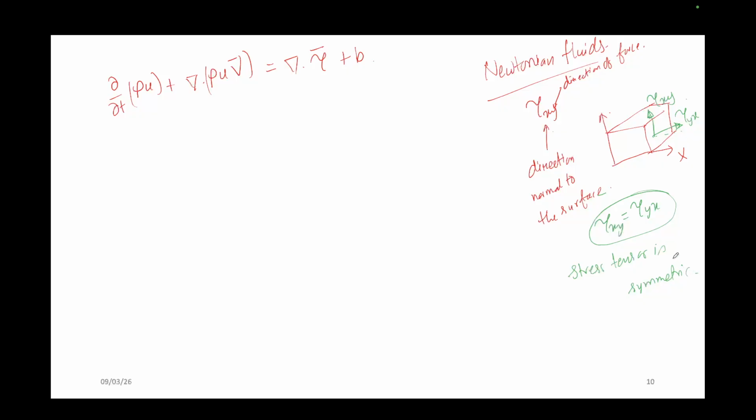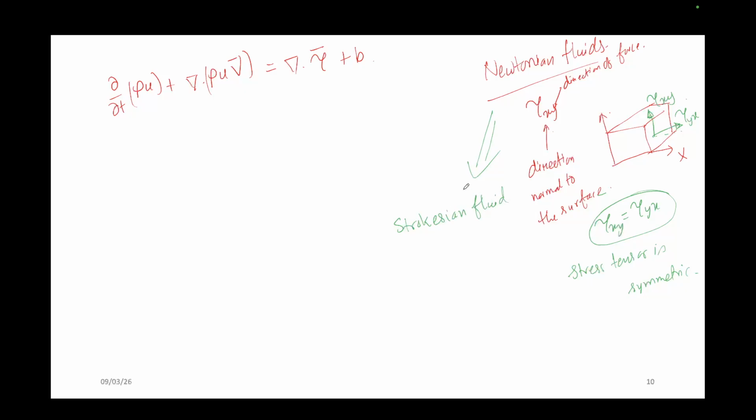Now you will study another type of fluid in fluid mechanics, that is the Stokes fluid. Stokes fluid is defined from the Newtonian fluid, some fluids we can define as a Stokesian fluid.